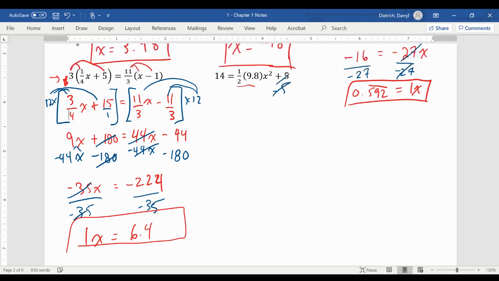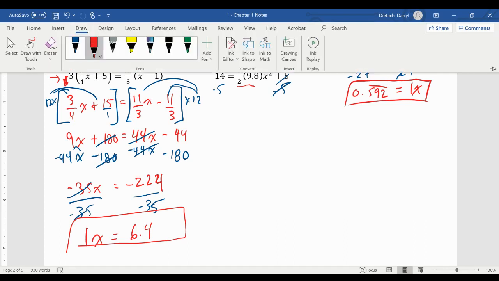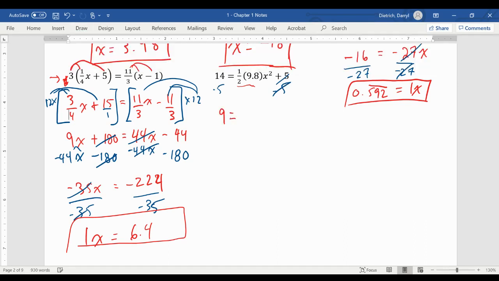So if I subtract 5 from the right and the left, we end up with 9 is equal to 1/2 times 9.8 is 4.9 x squared. Okay, then if we turn this into 1 x squared, we can divide by 4.9 on both sides.